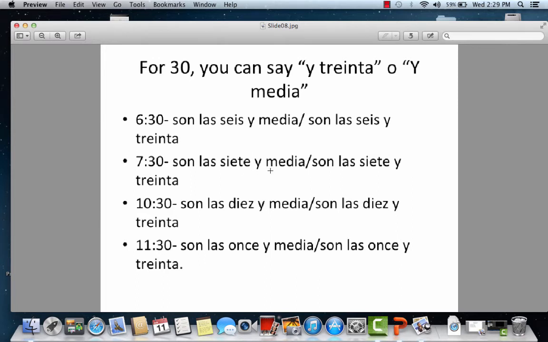Son las 7:30. It is half past the hour. Son las 10:30. Son las 11:30. In Spanish, the word media stands for mid or middle.